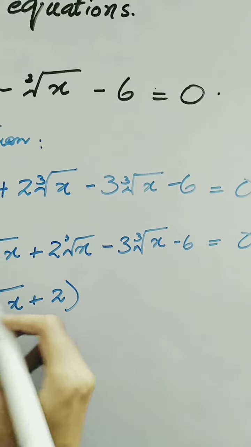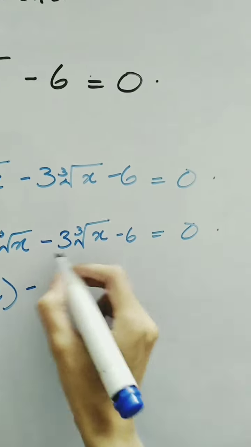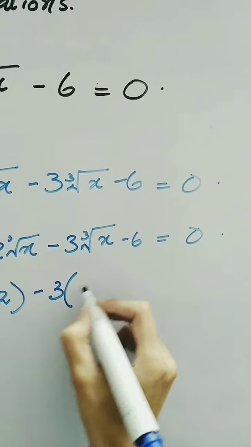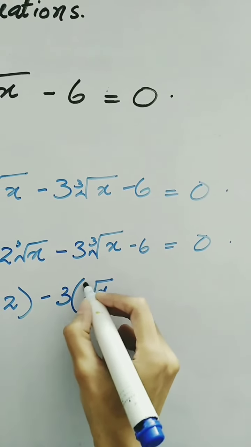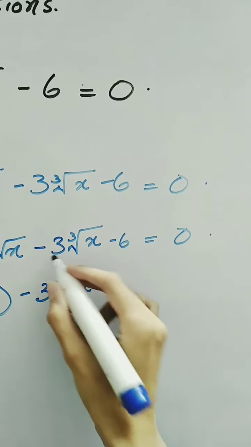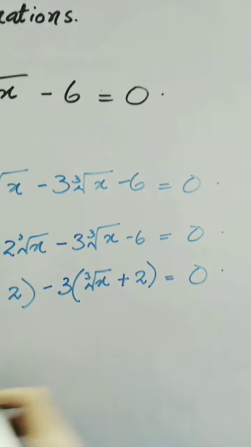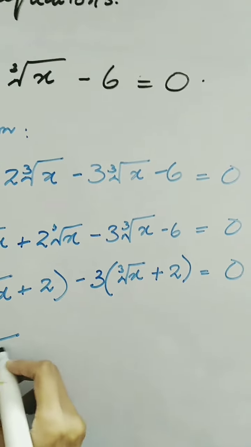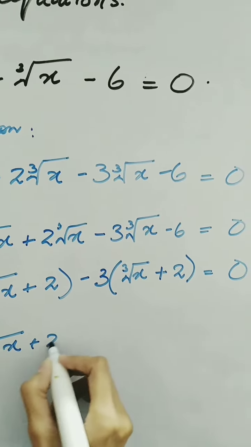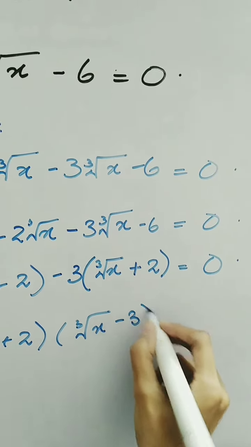When 2 is multiplied with this, we will get this term. And here we will take 3 as common. So we have inside the bracket cube root x plus 2.